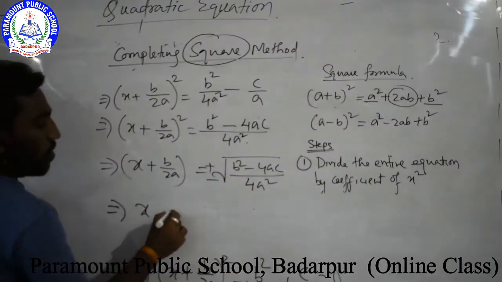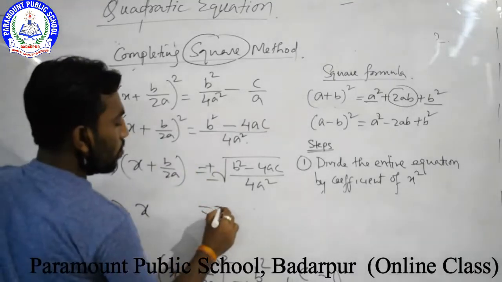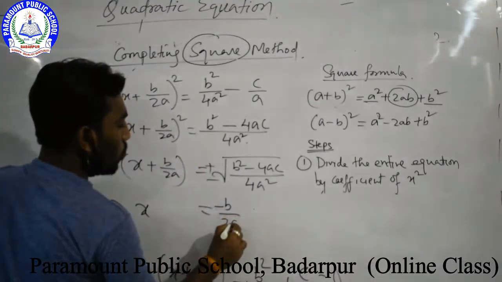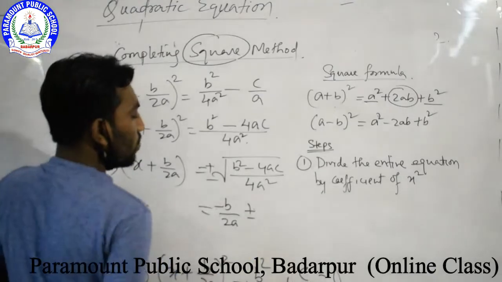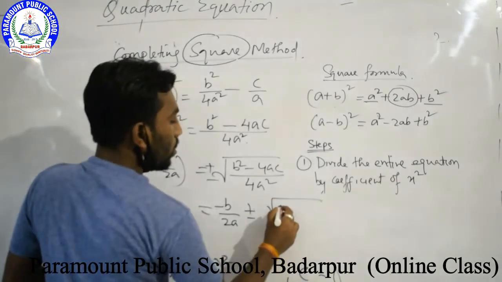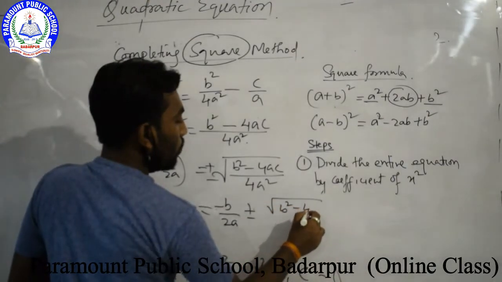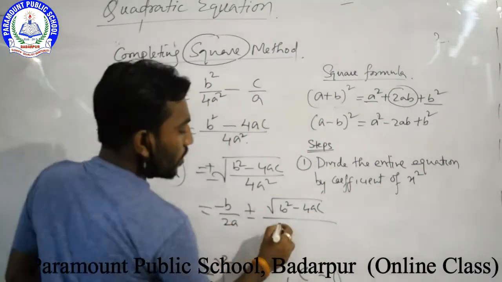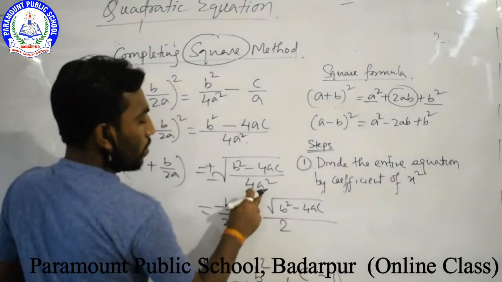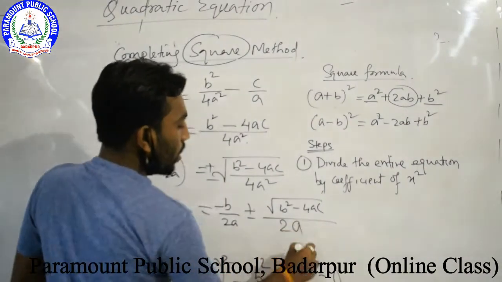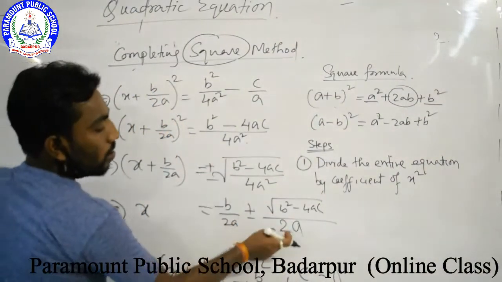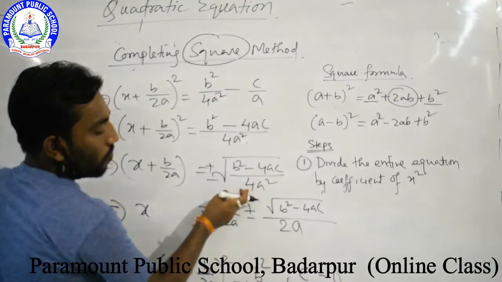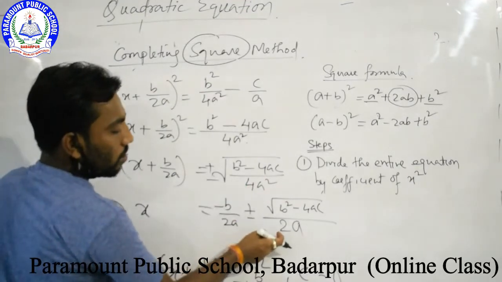So x is equal to, take this value that side, it will become minus b by 2a plus minus root over b square minus 4ac. So if you take the factor of 4, it will become 2, and factor of a square will become a. Since it is square root, 1a will come outside, and from here 1 2 will come outside.